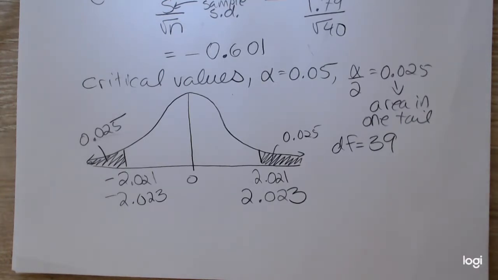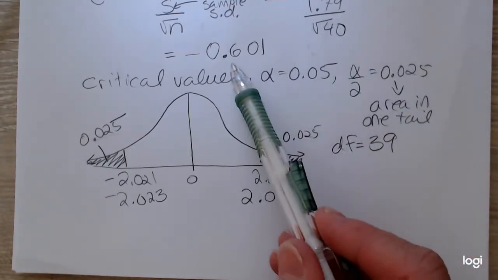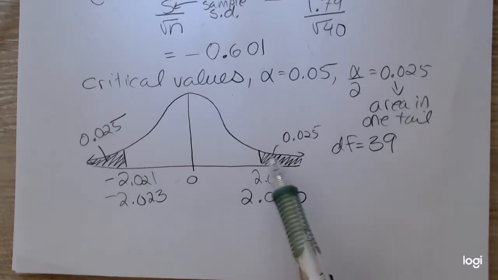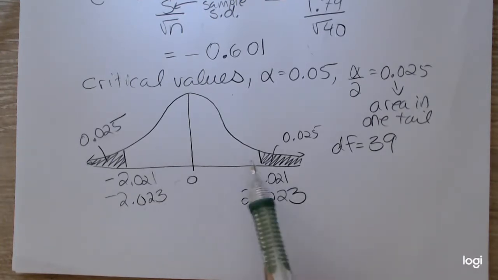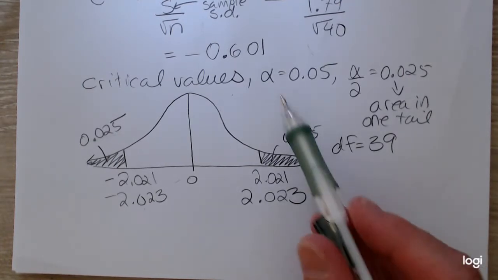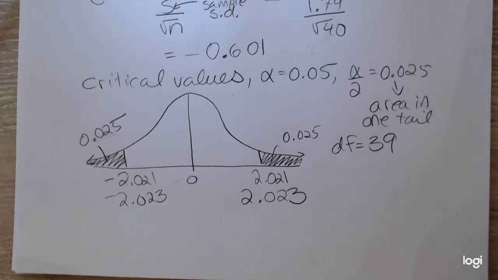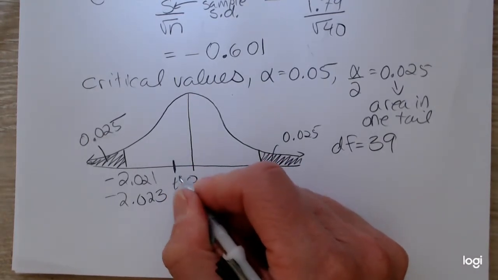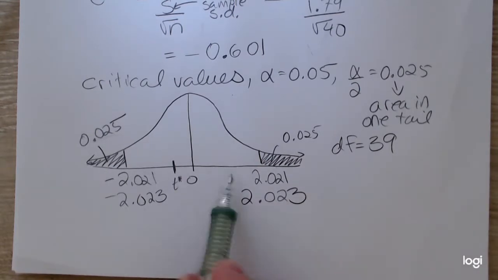All right, so I need to take a look at where my standardized test statistic lies. Is it further out in either of these tails in a rejection region? Or is it in between the critical values in the fail to reject region? Negative 0.601 is somewhat close to 0. And I can see just by the placement of it, we are well in the fail to reject region.